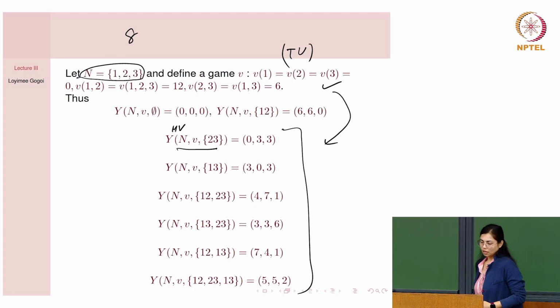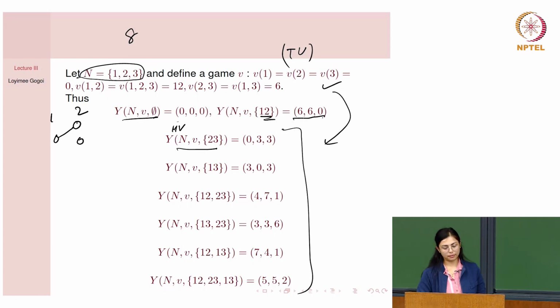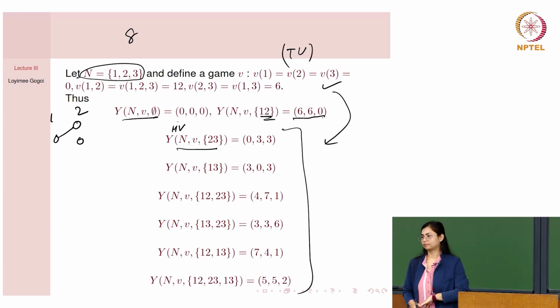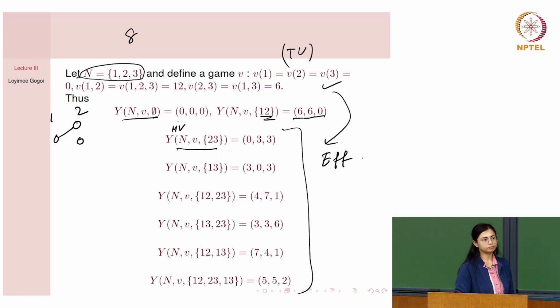Okay. Definitely for the empty network it's 0, 0, 0, and if there is only a link between 1 and 2, 3 is isolated, so we have the Myerson value as 6, 6, 0. Players 1 and 2 are getting 6 and 6, otherwise 0. But this Myerson value is efficient. How is the Myerson value efficient?